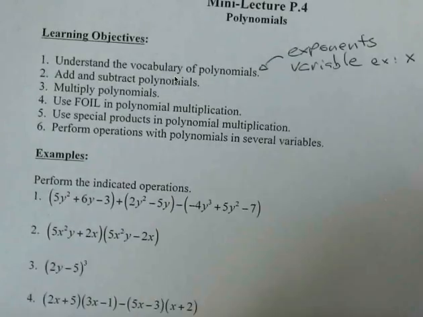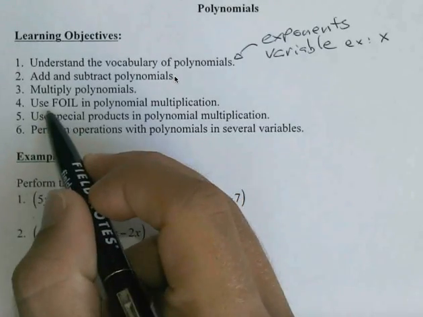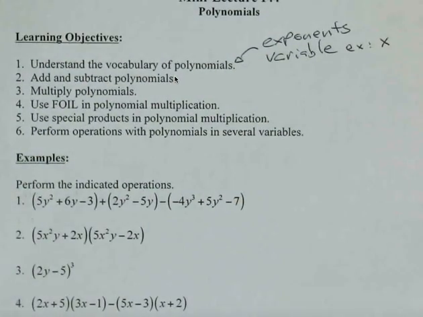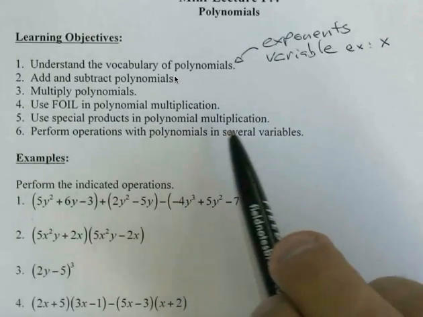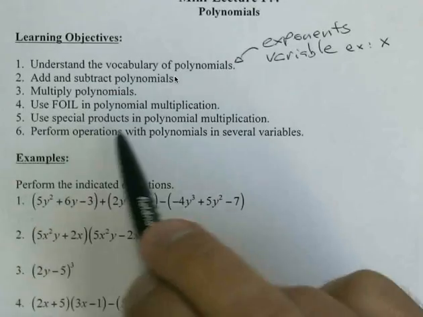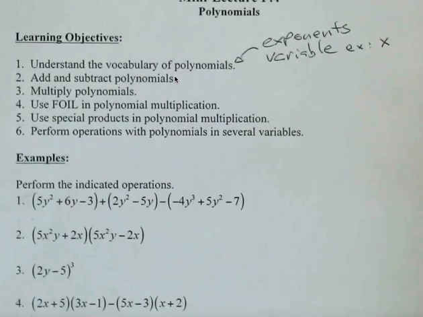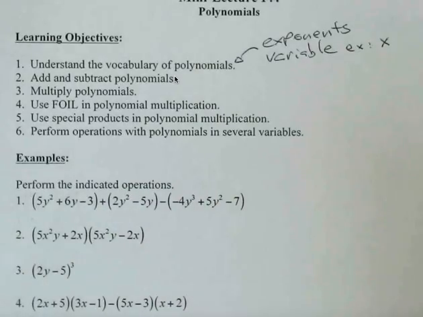We'll see polynomials with multiplying, and that also ties into using the FOIL process to take it further and rewrite what the product of these polynomials can be, using special products and polynomial multiplication. So difference of squares is a pretty common one. We'll also see terms being cubed, and we'll also perform operations on polynomials with several variables.